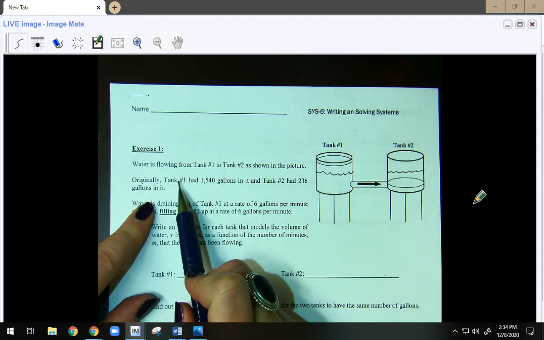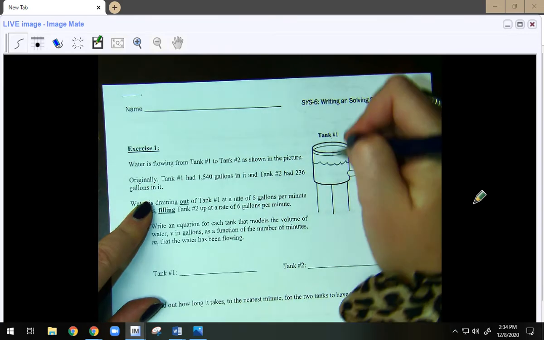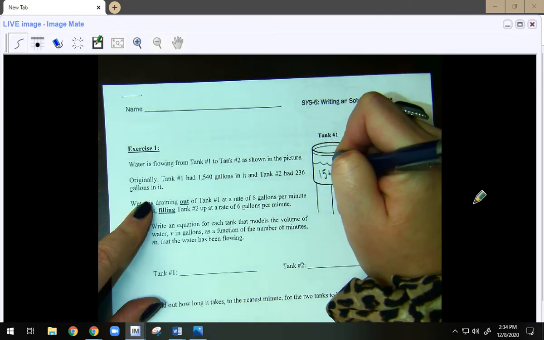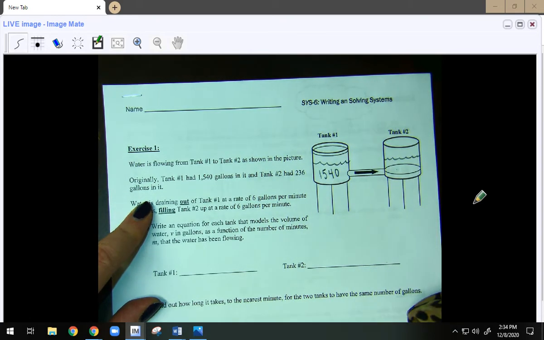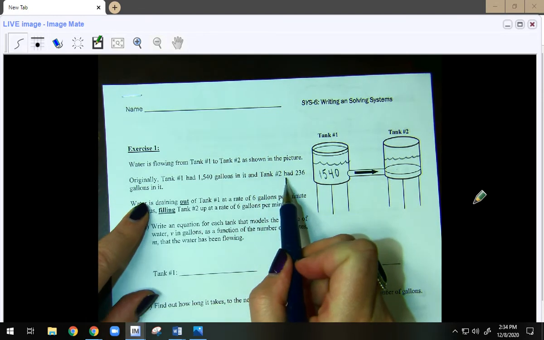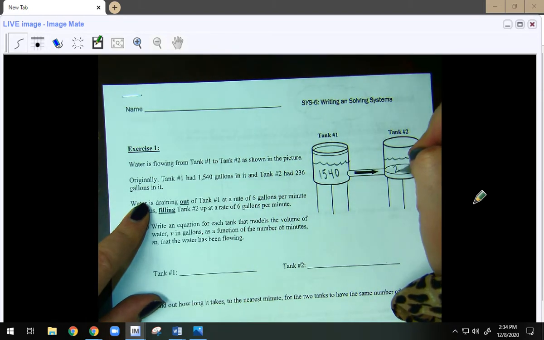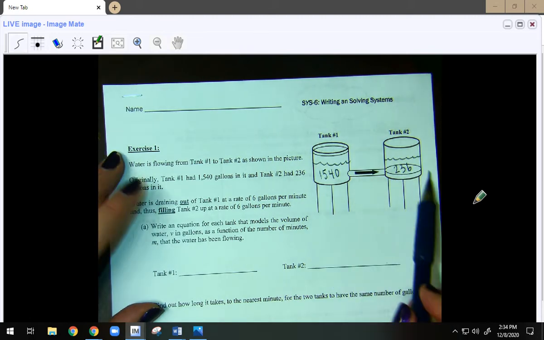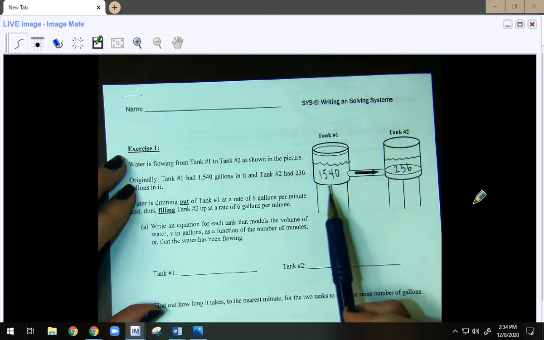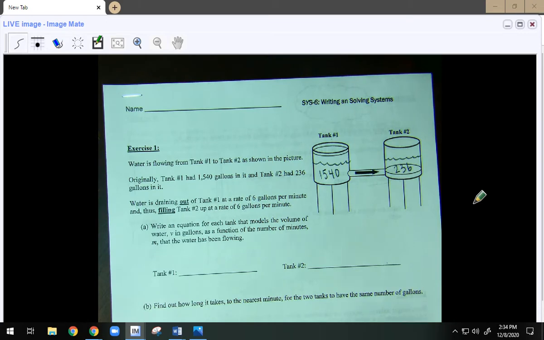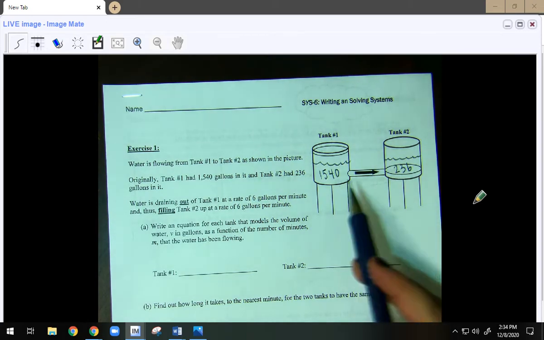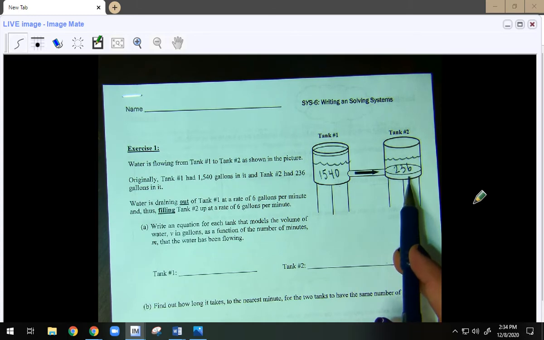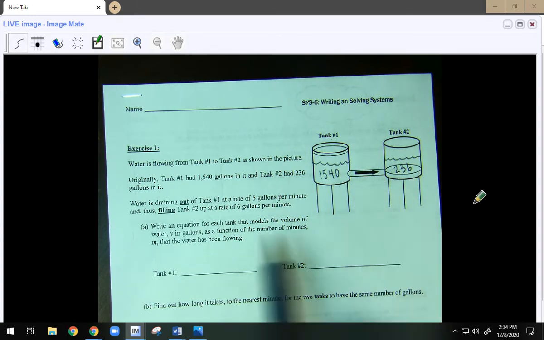Originally tank 1 starts with 1,540 gallons in it, and tank 2 has 236 gallons in it. So that's how much each starts with. In an equation, you start with 1,540 in tank 1, and in tank 2, I start with 236 gallons.